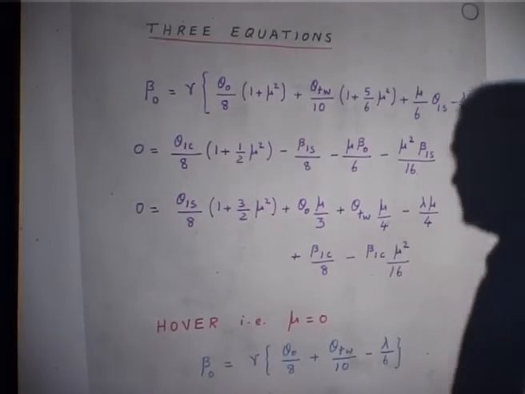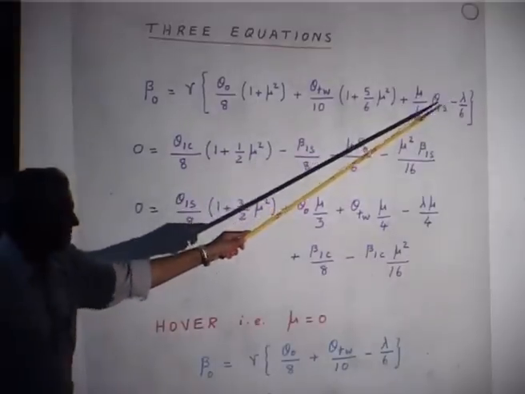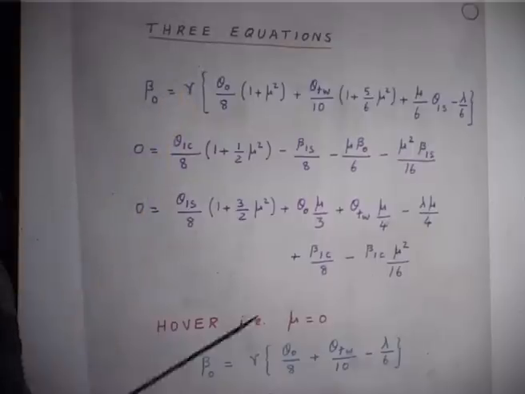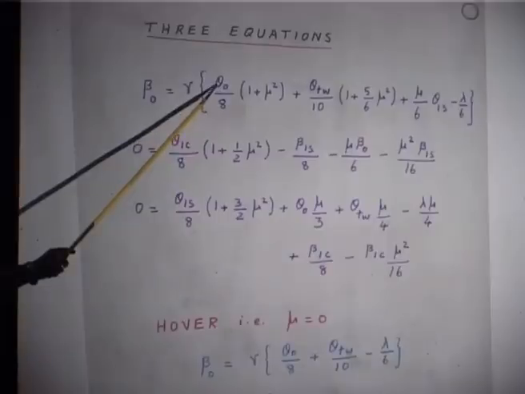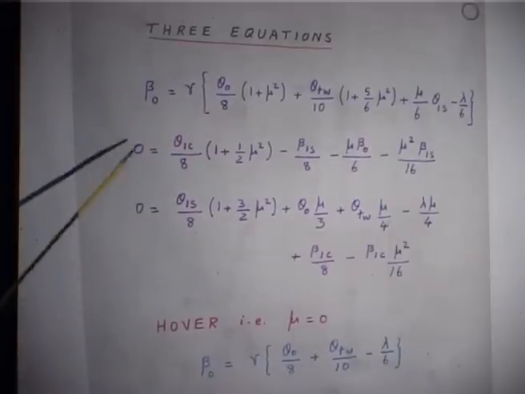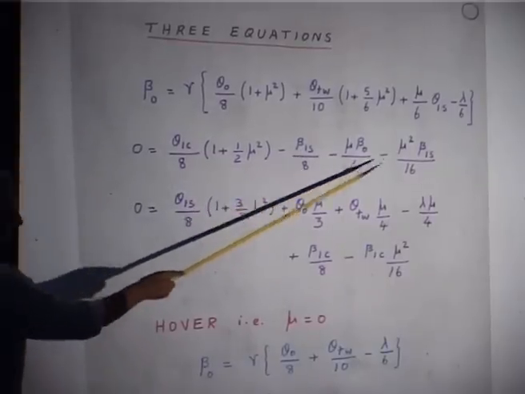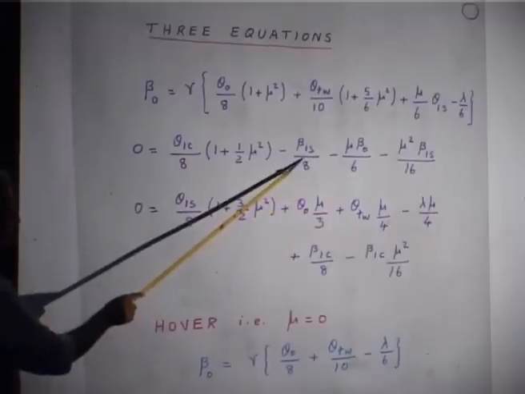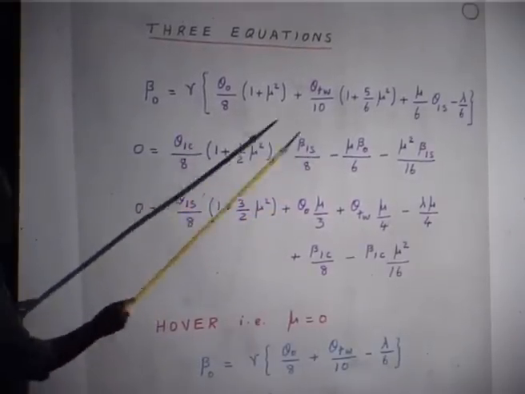Okay? And that is a function of theta 1s as well as lambda, theta 1s, mu, theta naught. If you know these values, beta naught, from here you have to relate, because this is beta 1s, so you can get in terms of theta 1c and beta naught.